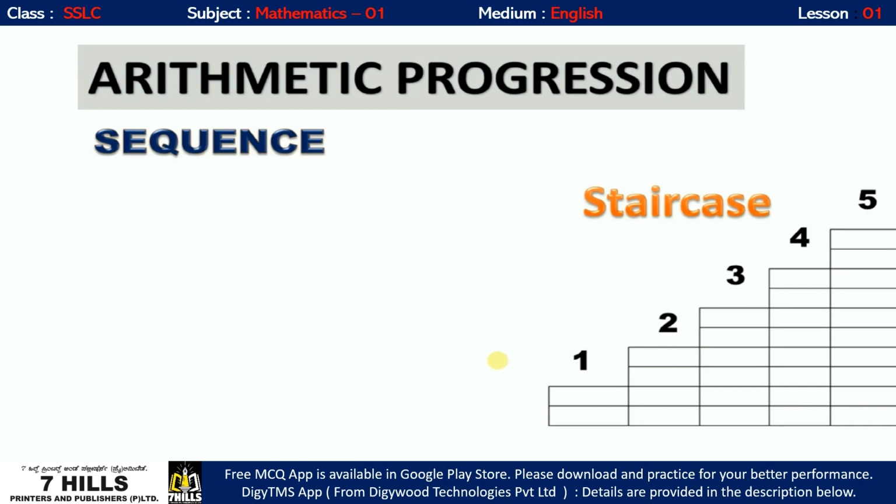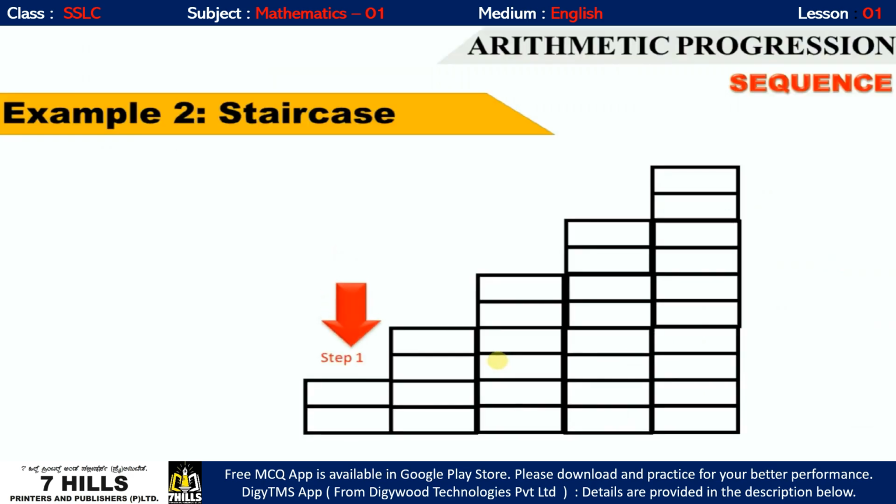First example is staircase. Staircase means steps. Steps are made up of bricks. How many bricks are there in the first step? 1, 2, 2 bricks. Second step, 1, 2, 3, 4, 4 bricks. Third step, 1, 2, 3, 4, 5, 6, 6 bricks.